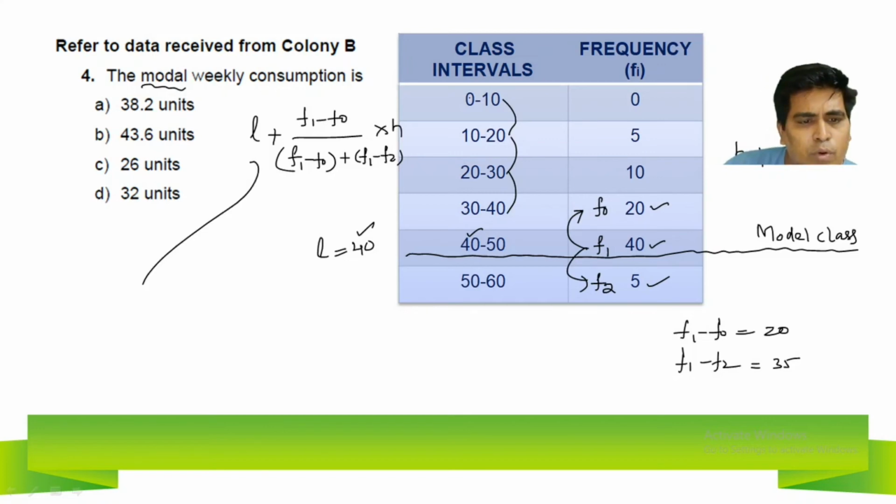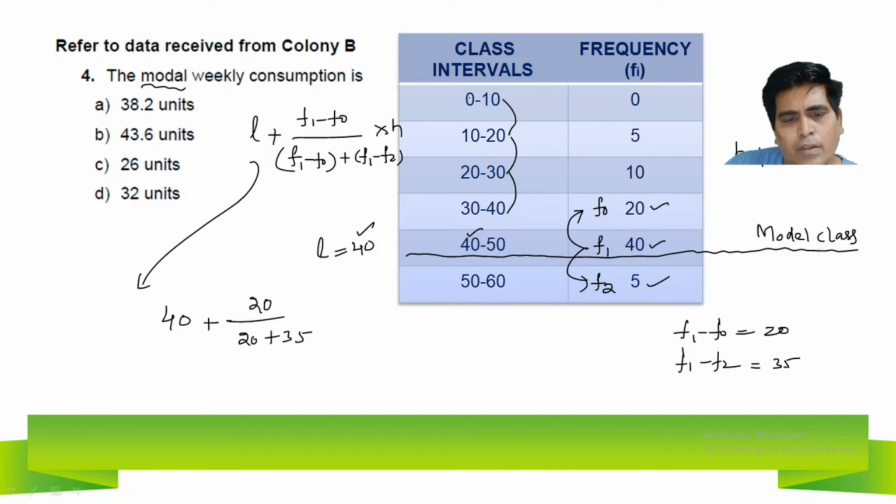Now I am substituting the values here. So L is how much here? 40. So 40 plus the difference f1 minus f0, that is clearly 20, I already calculated. Again 20 plus 35 into h. h is how much? 10.